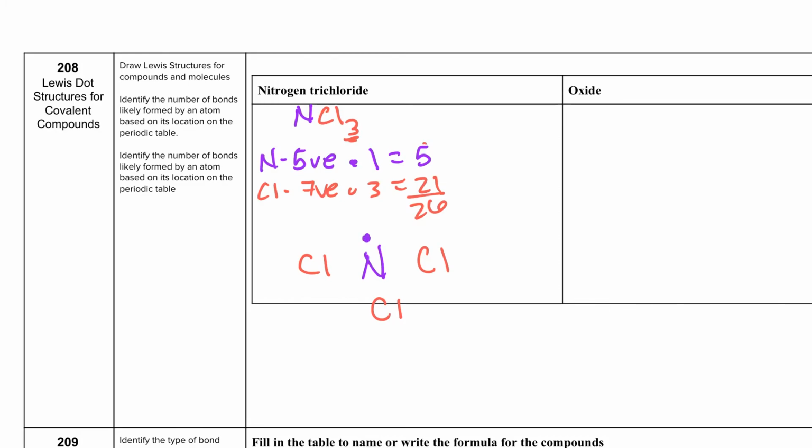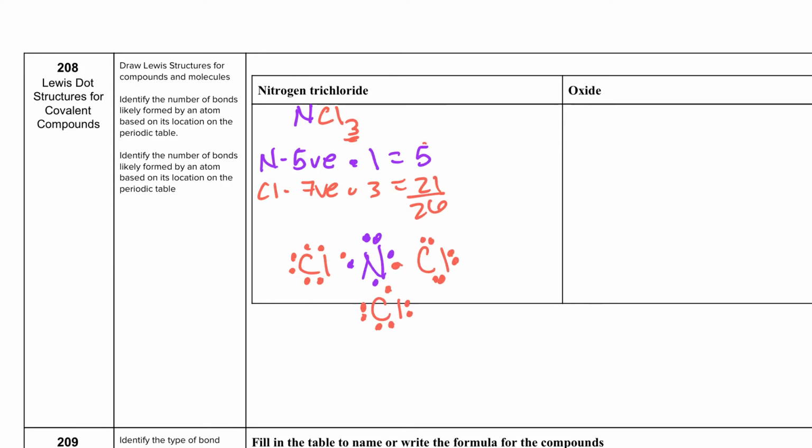Nitrogen has 5 valence electrons. Chlorine has 7. So we have 1, 2, 3, 4, 5, 6, 7 for each chlorine.